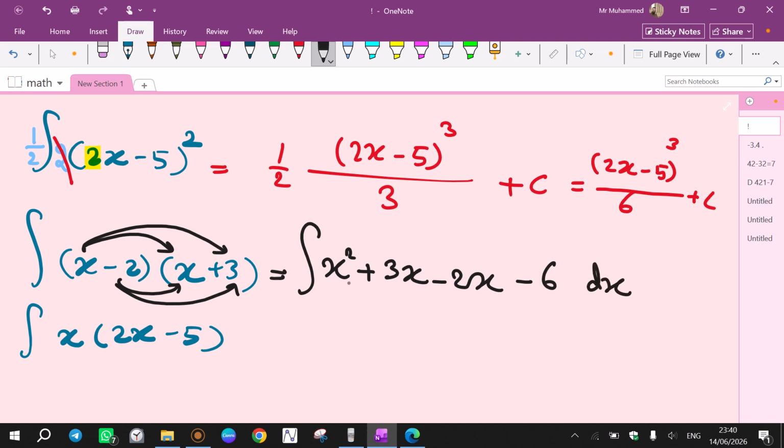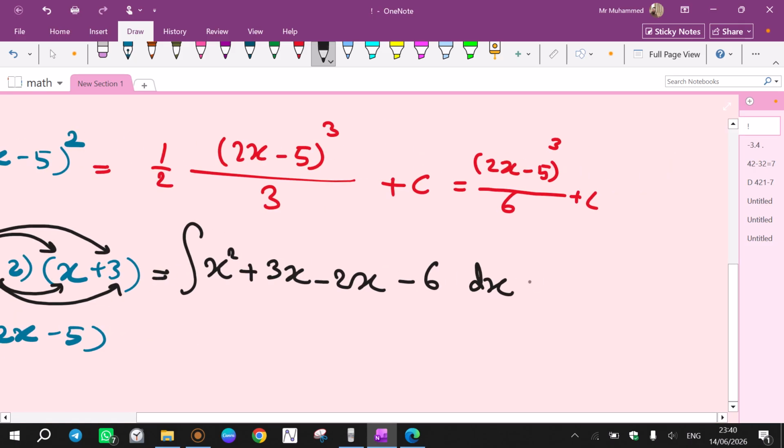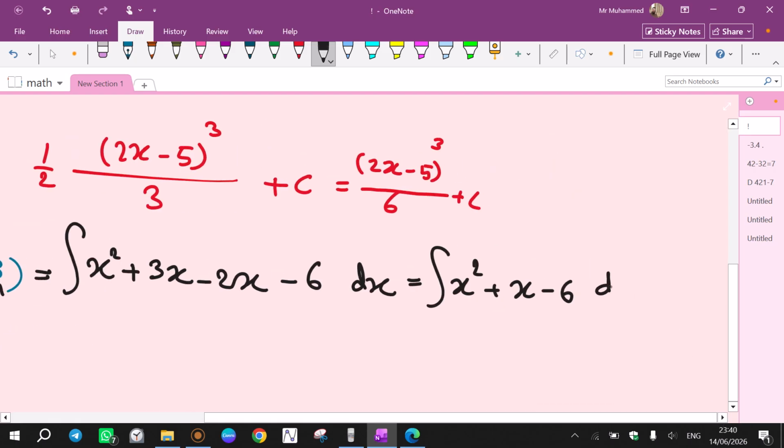Now do integral of each one separately. Let's simplify it a little bit more. Equal to integral x squared plus x minus 6 dx.